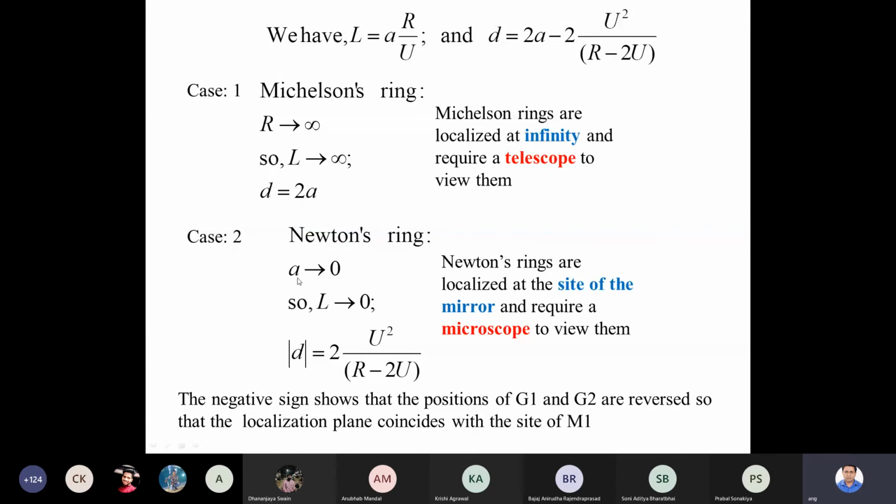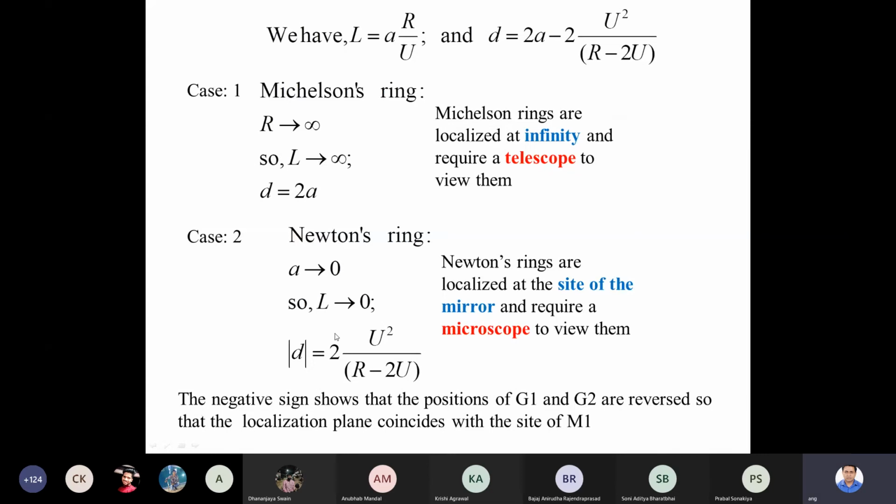Anyway, in case of Newton ring, the distance between these two mirrors is 0. Then L is 0, and a is 0, then you have some negative of this whole term. We are just taking the magnitude here, D. So Newton rings are localized at the site of the mirror, and require just a microscope to view them.